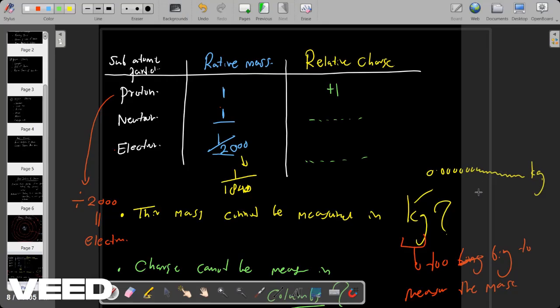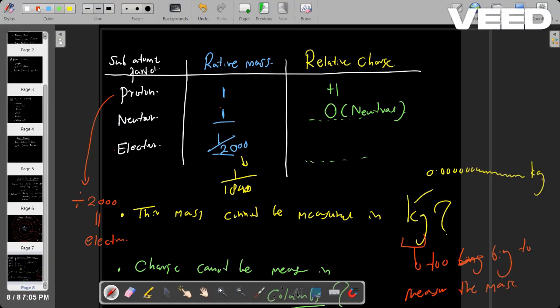Right. A neutron does not have charge, so it is 0. We call it neutral. That is why it is called neutron. Electron has a similar quantity but opposite, so they call it negative one. Negatively charged. Okay.